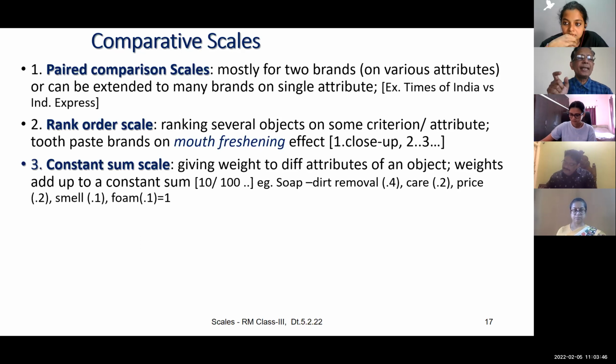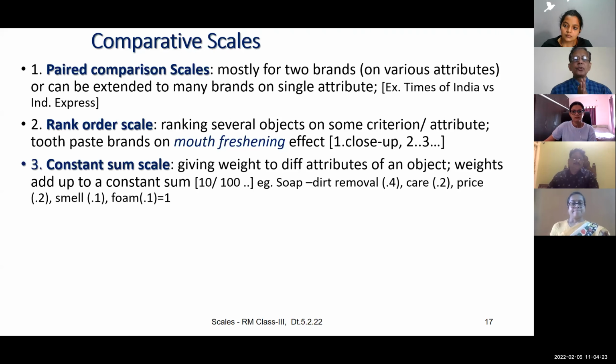Suppose when you are purchasing a mobile, price factor, life of battery factor, there are so many attributes. Okay, those attributes may not be equally important. So if you find varying importance of attributes, they are considered by assigning different weights. Say for example, why does a consumer or a customer purchase a detergent cake or detergent soap.